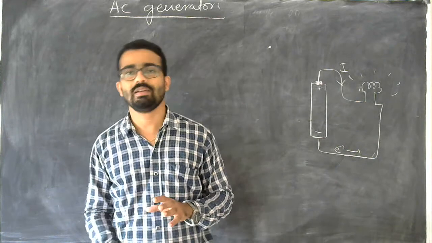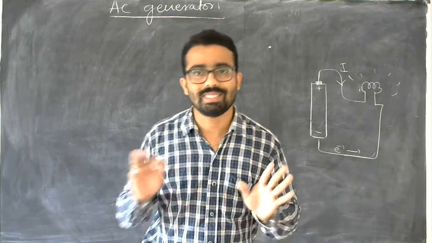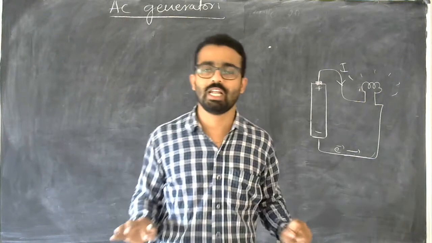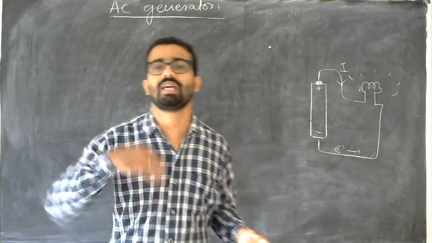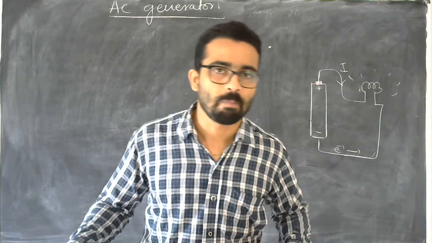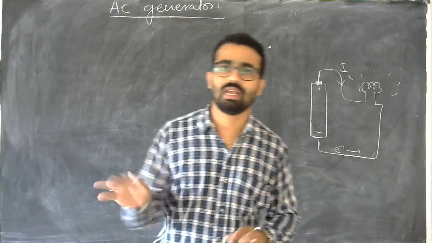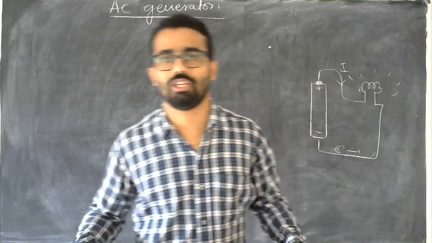So this is called an AC generator. A generator is a machine which converts mechanical, external energy into electrical energy. That's why there is conservation of energy. Mechanical work is converted into electrical energy. Fine.